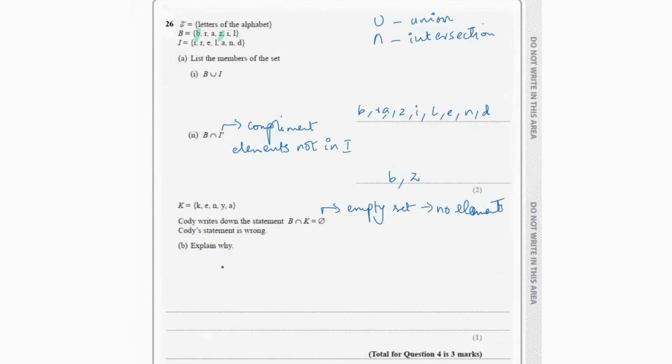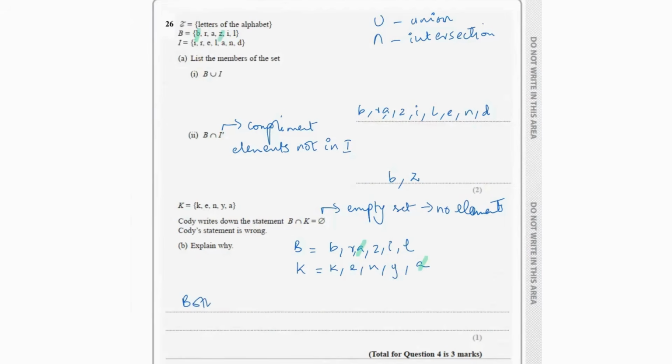So Cody's statement is wrong. Explain why. So if you look at Brazil, that has the elements B, R, A, Z, I, L. Kenya has K, E, N, Y, A. So they're saying the intersection between the two is empty. There's nothing common between them. That's incorrect because both have A in common. So that's why Cody is wrong.